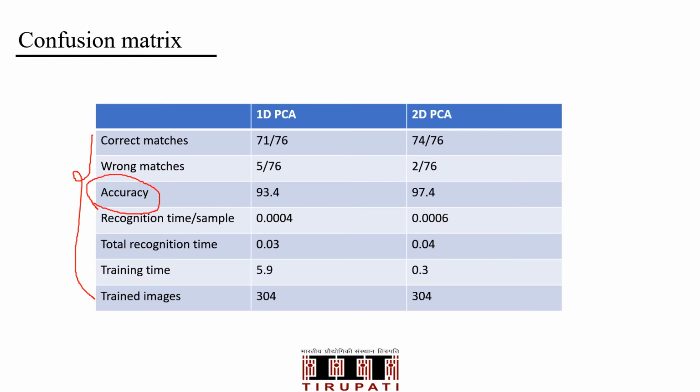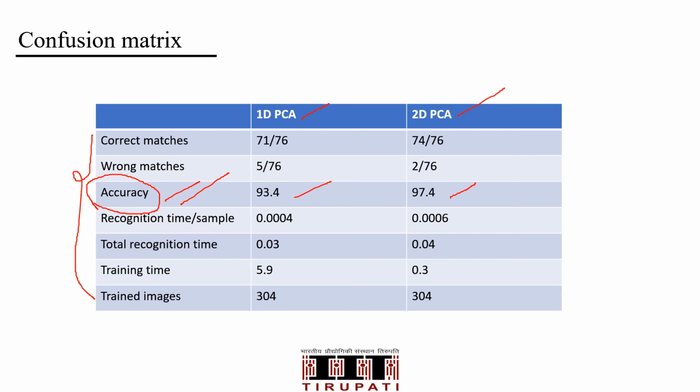Previously I said accuracy; that belongs to the amount of information given by the features which we have extracted from the image. This accuracy belongs to the methods which we are using, that is 1D PCA or standard PCA and 2D PCA. That accuracy determines the number of eigenvectors we should consider, and this accuracy shows which algorithm is the best among these.